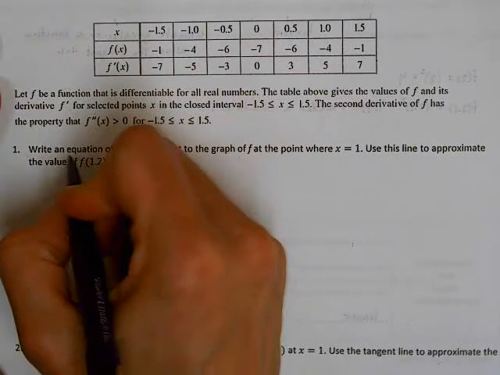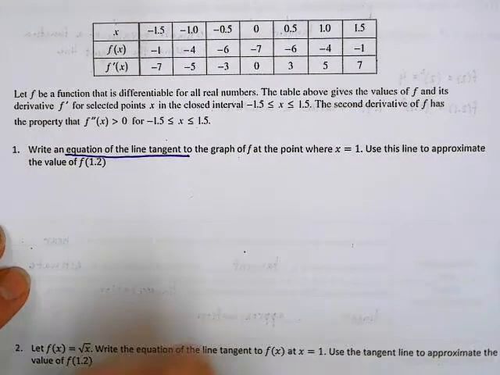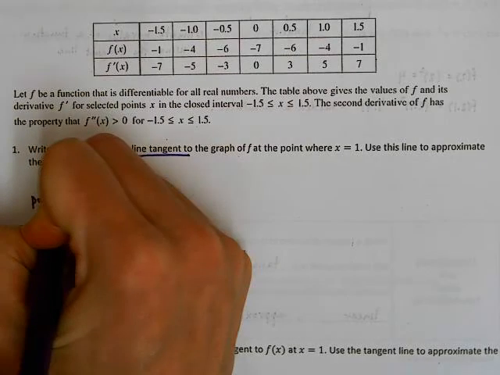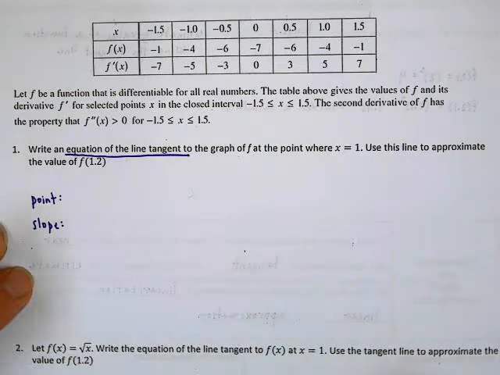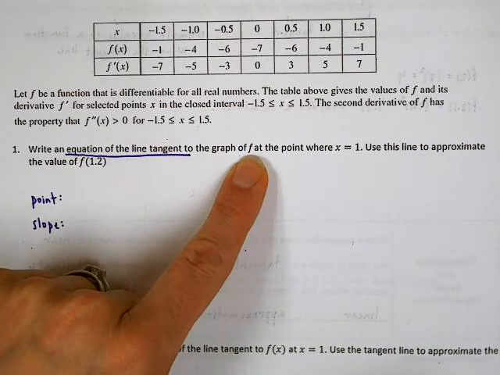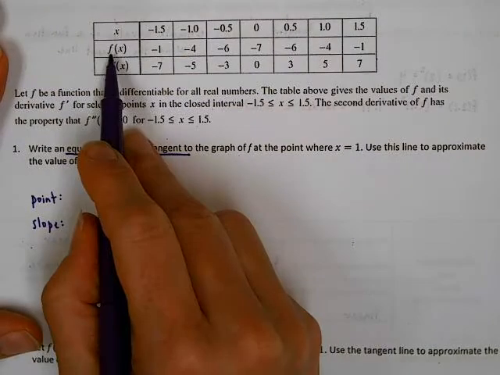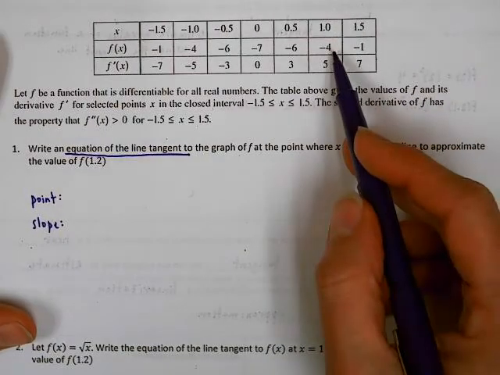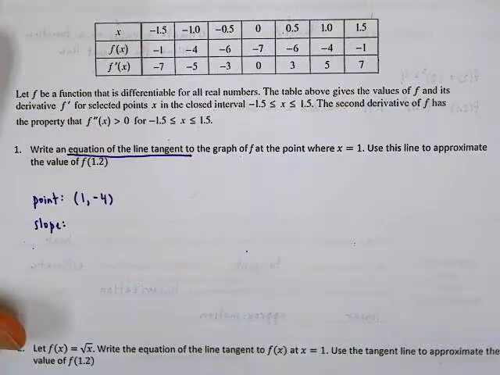So let's do that first. We're going to write our equation of our line tangent to the graph where x equals 1. So again, we know that we need a point, and we're going to need a slope. So we're doing this tangent to the graph of f. So I know that f of 1 is going to give me -4. So my point is going to be 1, -4.